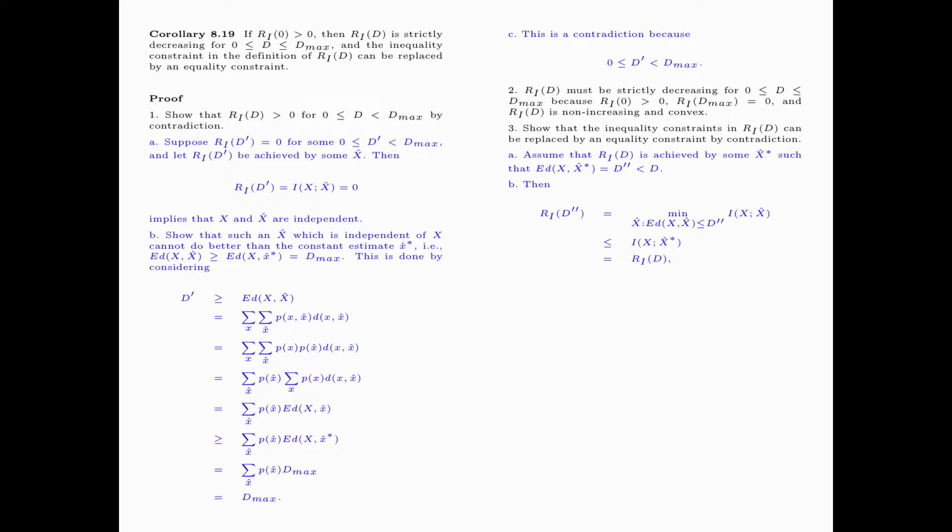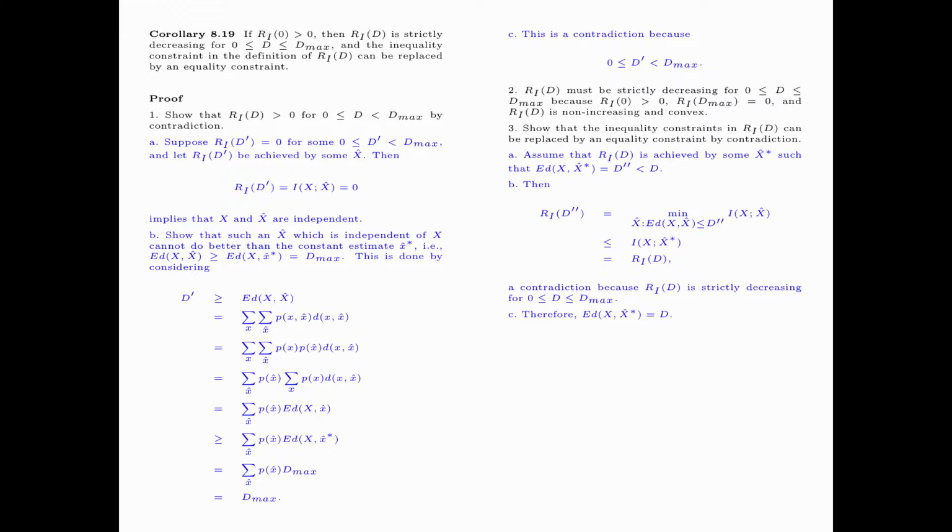And by our assumption, this mutual information is equal to R_I(d). Thus, we have shown that while d'' is less than d, R_I(d'') is less than or equal to R_I(d), which is a contradiction because R_I(d) is strictly decreasing for d between 0 and d_max.